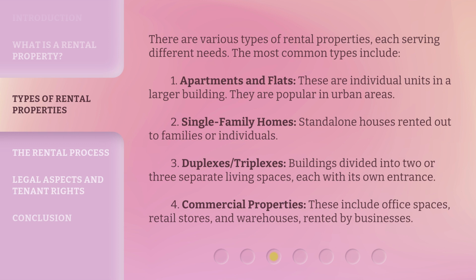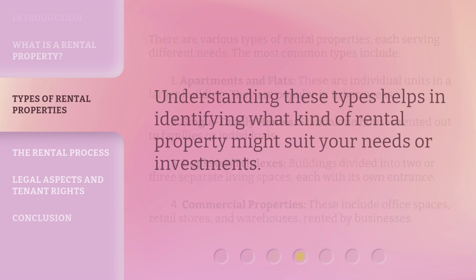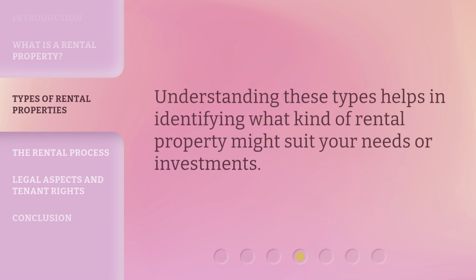Duplexes, triplexes. Buildings divided into 2 or 3 separate living spaces, each with its own entrance. 4. Commercial properties. These include office spaces, retail stores, and warehouses, rented by businesses. Understanding these types helps in identifying what kind of rental property might suit your needs or investments.